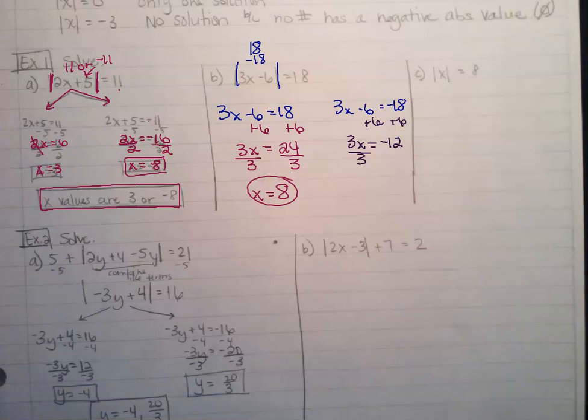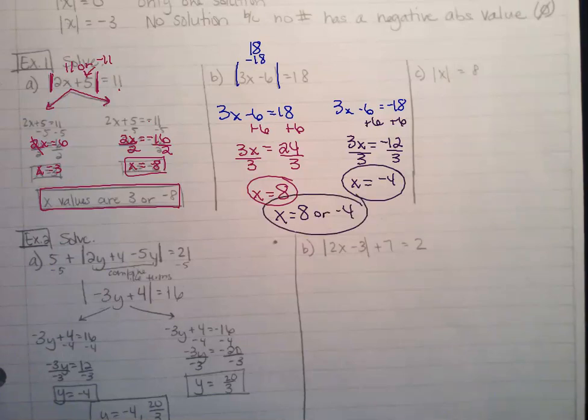Divide by 3. And I get x is equal to? Negative 4. All right, so x equals 8 or negative 4. That is your answer. Very nice.